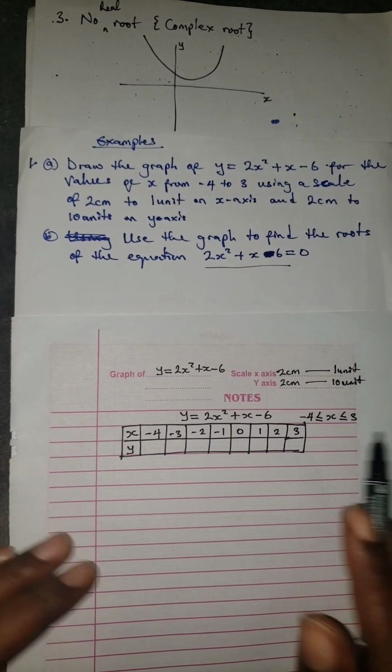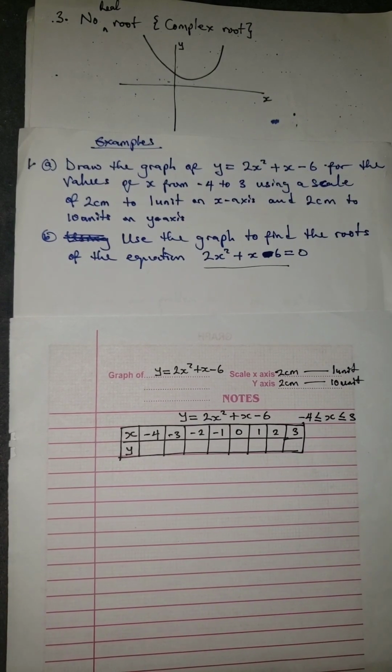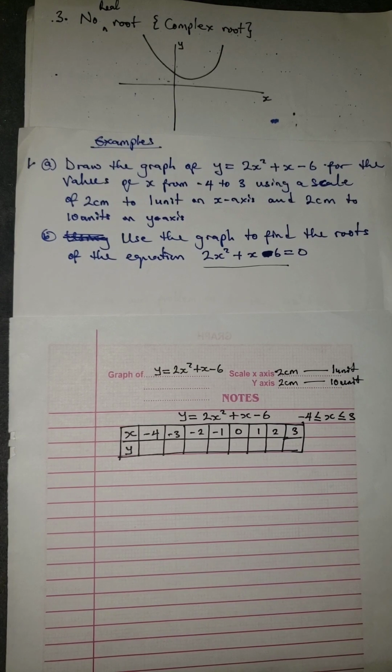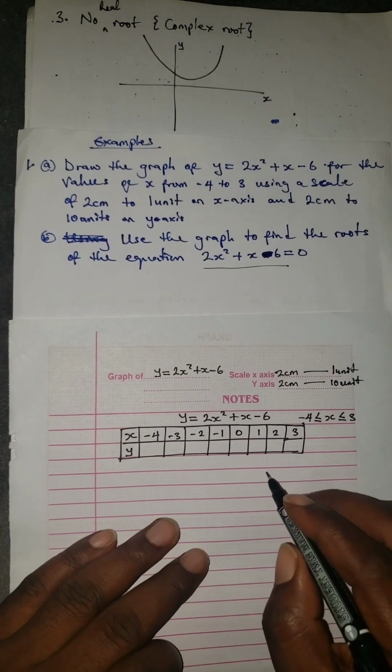I'm just going to show you how to do one or two, then I will fill it up. You can use your calculator if you're allowed to do so. If you're not allowed, you can do it the way I'm going to show you now.